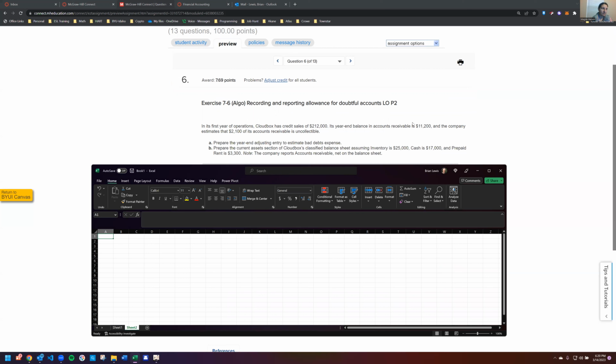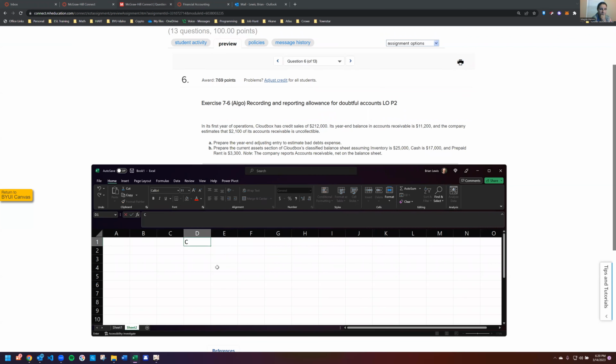Okay, so in the first year of operations, CloudBox has credit sales. I just put this all down, even though I may not need it. Credit sales of 212. Its year-end balance in accounts receivable is 11,200. And the company estimates that 2,100 of its AR is uncollectible.